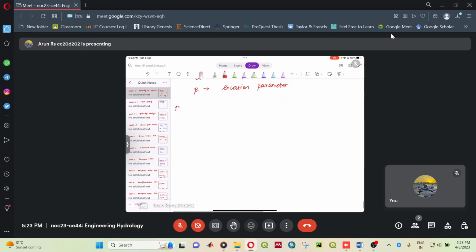And the PDF, which is the probability density function, is given by, which is nothing but dF by dy.